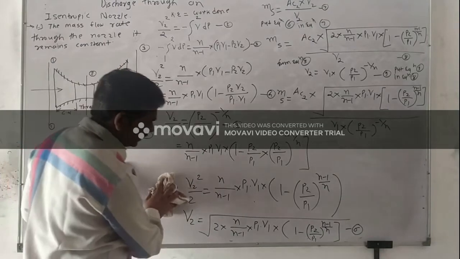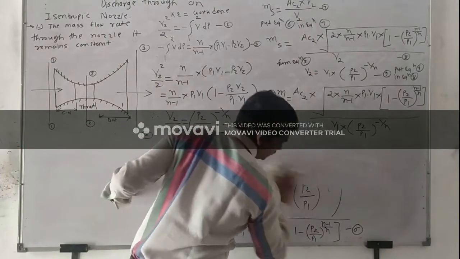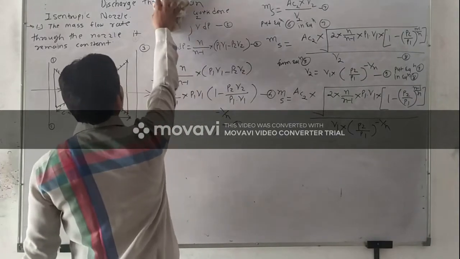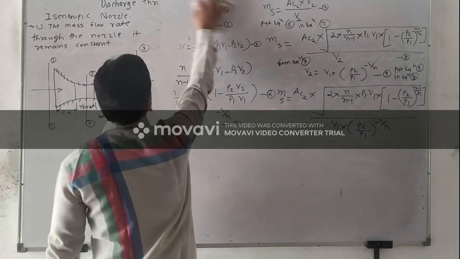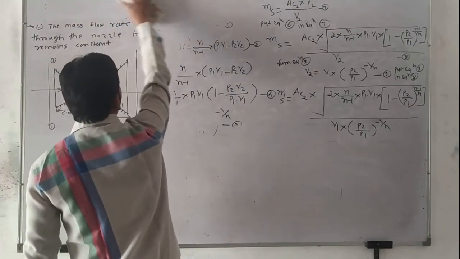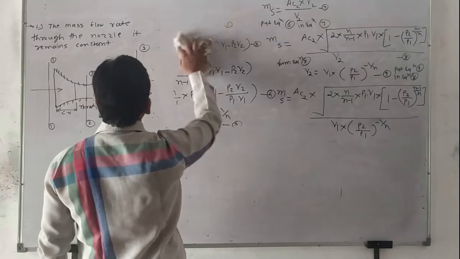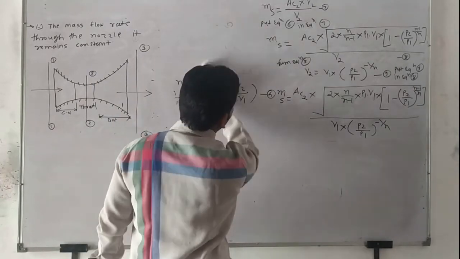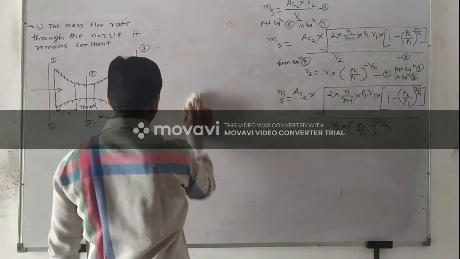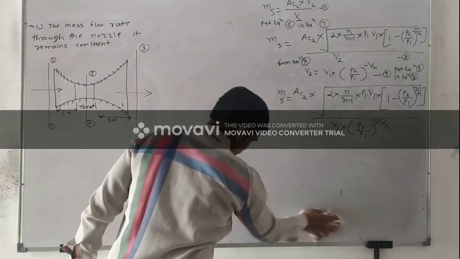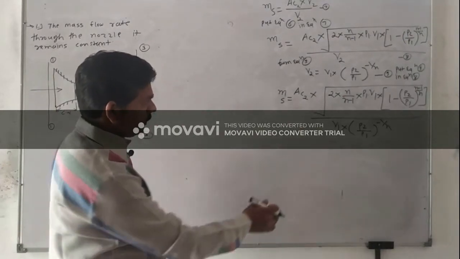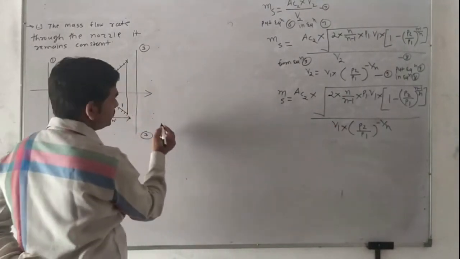I erase all these things completely. So what do we get? We get this equation for ms. So we have to continue with this equation.